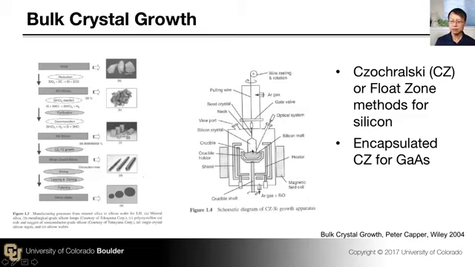The seed crystal is put in contact with the melt and slowly pulled up, and as this melt cools down, it crystallizes according to the orientation of your seed crystal, and that's how you grow these big ingots of single crystalline semiconductor material. For compound semiconductors, you use something similar, but you have to be more careful to exclude any atomic species that may seep in from your ambient. So the technique is called the encapsulated Czochralski technique.